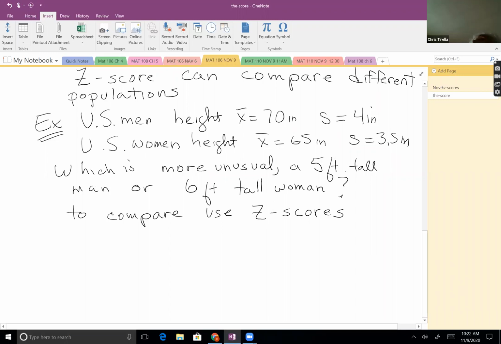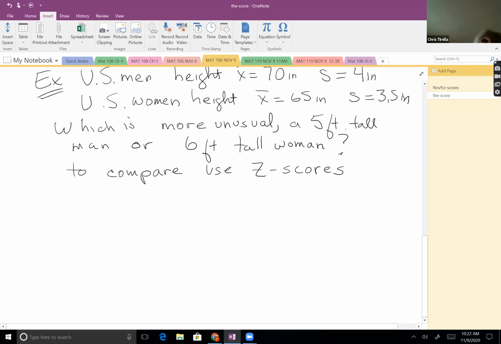And we're going to say, who's further from the middle for their population, given their population's mean and standard deviation. Again, the z-score is the data value minus the mean over the standard deviation. And so for the man, we're going to find a z-score, and for the woman, we're going to find a z-score. The man, again, we're using that the mean is 70, the standard deviation is 4.